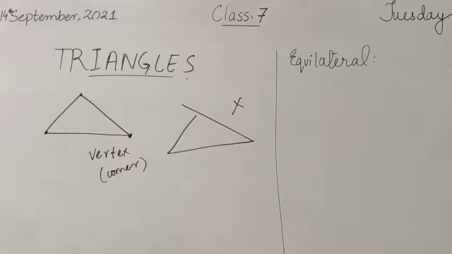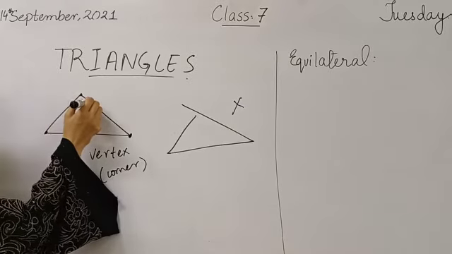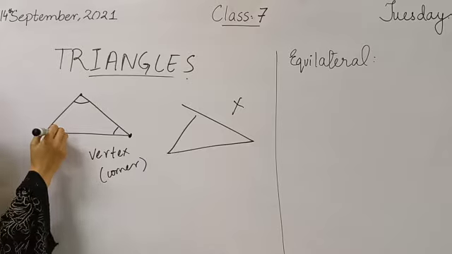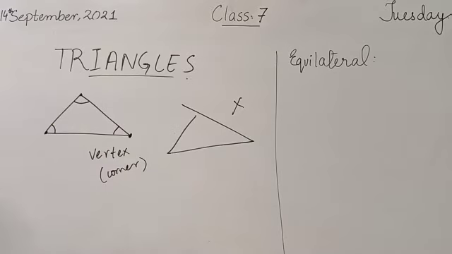Where are the angles of this triangle formed? First angle, second angle and the third angle. Okay? These are the angles of this triangle. Where is an angle formed? When two lines join each other, an angle is formed. Okay.